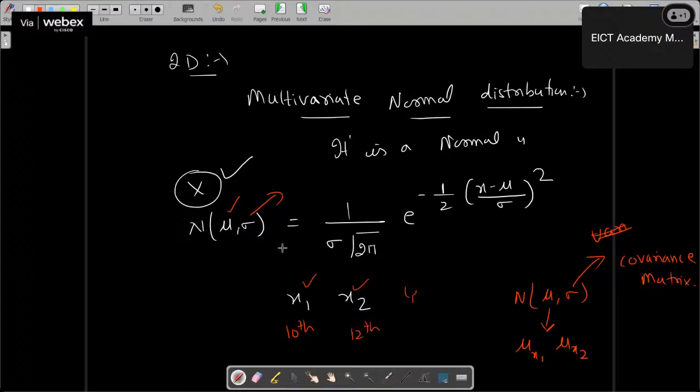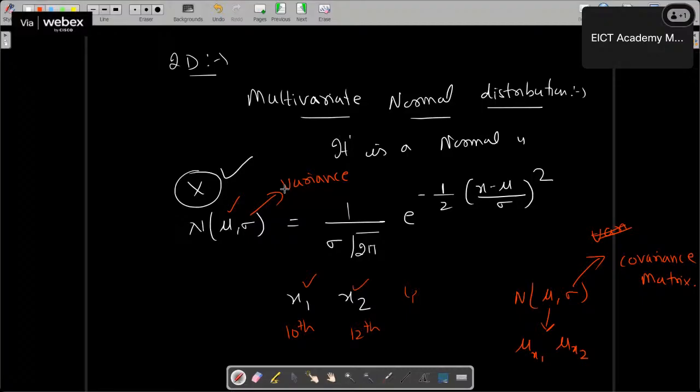In one dimension, it's a variance. Variance means how far the data points are from the mean value.